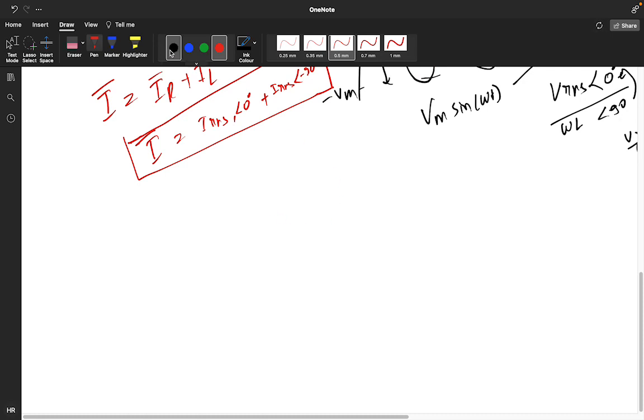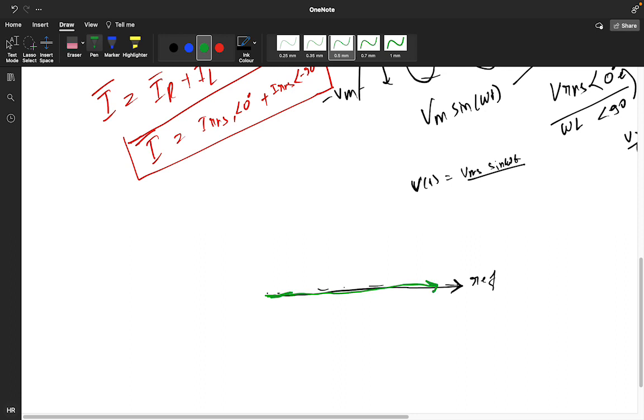Okay, so if you draw the phasor diagram, we have a reference. We consider the voltage V of t equals Vm sine omega t. So what is the meaning? It has an angle 0, that means it will be neither lag nor lead, it will be on the reference point only. What about your IR of t?